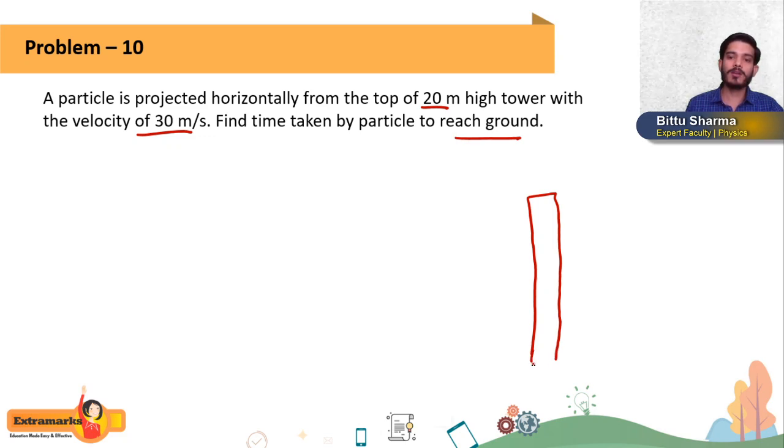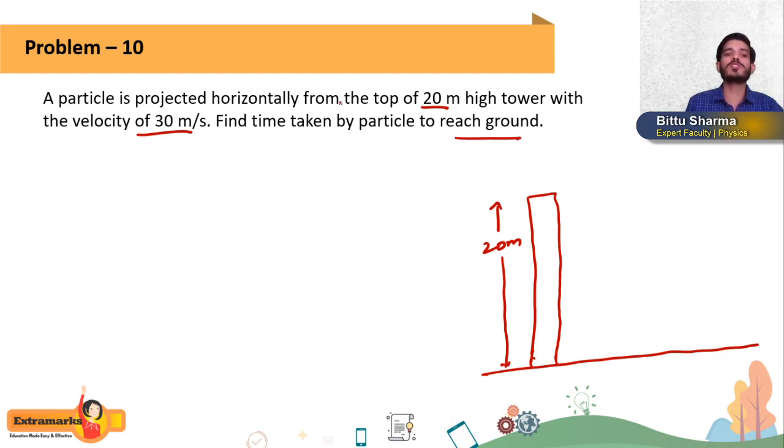So from here we are throwing, and the height of this building is how much? 20 meter. Okay. And from here, students, we are throwing the projectile horizontally, with the speed of how much? 30 meter per second.